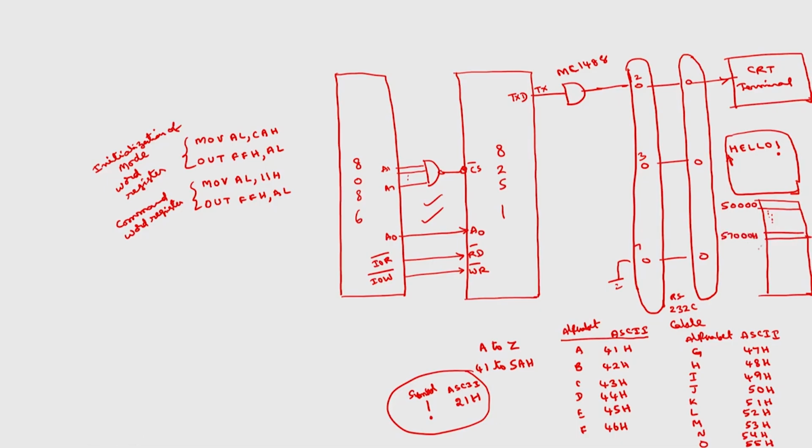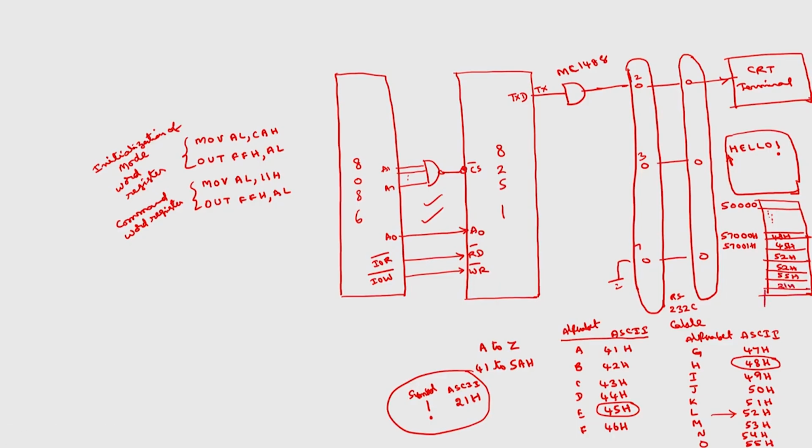Here I will store hello: 48H, which corresponds to H. E is 45H, which I will store in the next location, 57001H. L corresponds to 52H, then again L, 52H. O is 55H. Then this symbol is 21H.